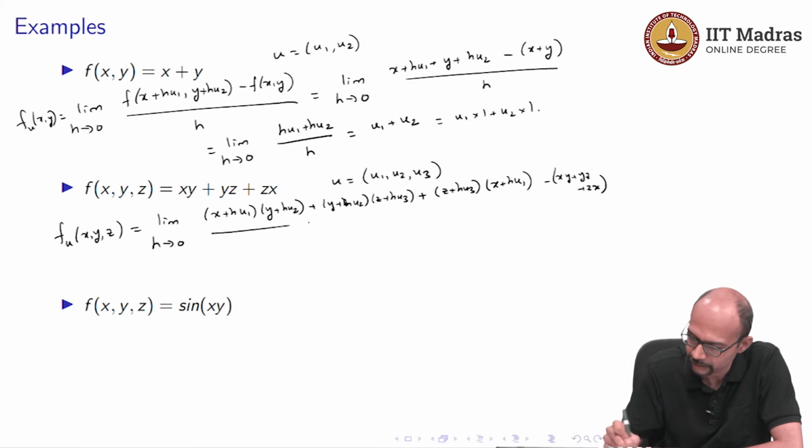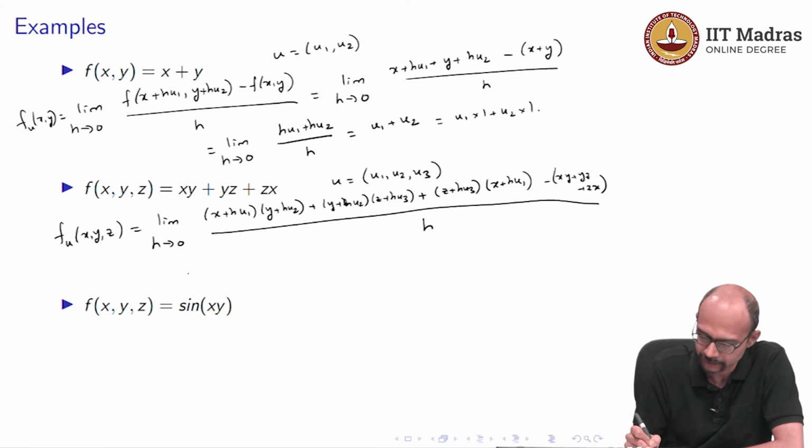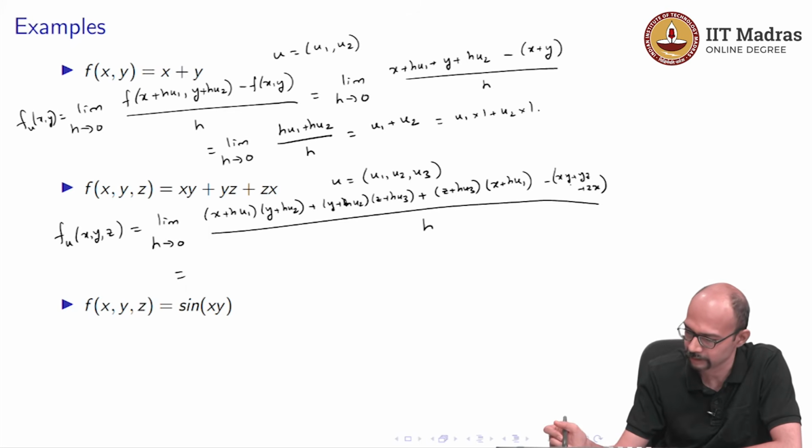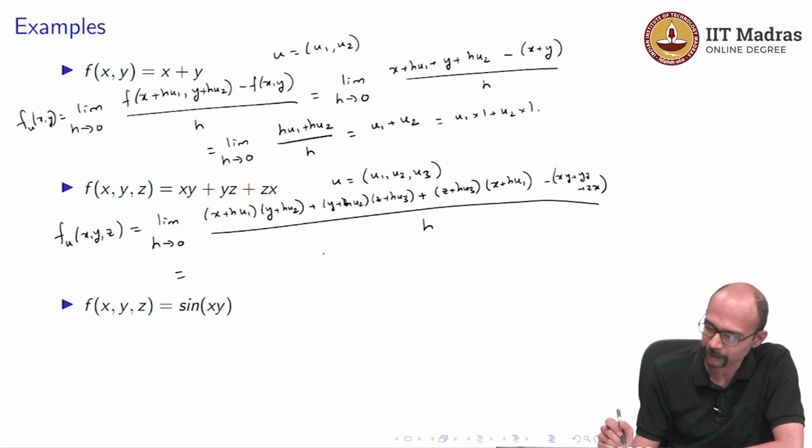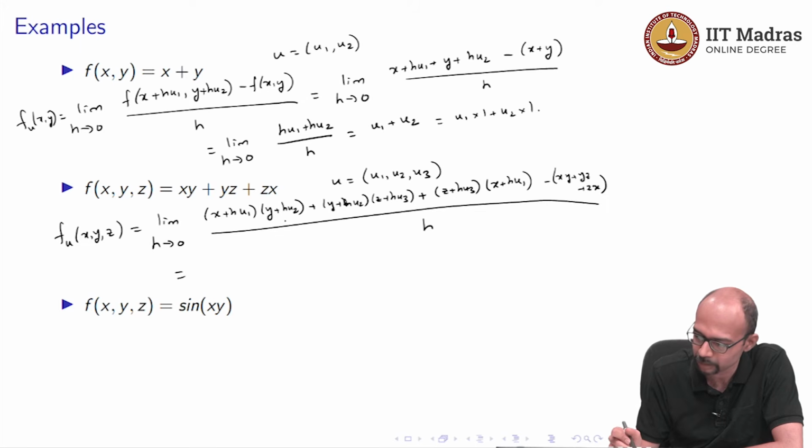This is the numerator divided by h. So, now if I cancel out all the terms only in x, y and z, which does happen because of the term on the right that you are subtracting out, what we are left with is all these terms with the h's, and then there's some h squared terms.